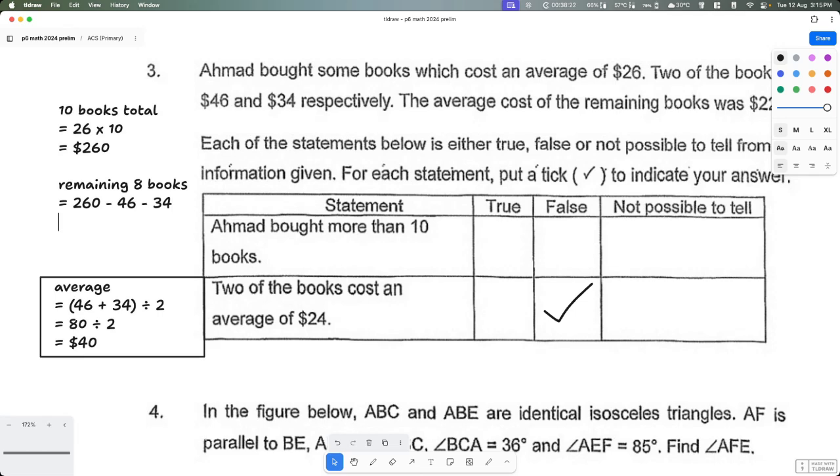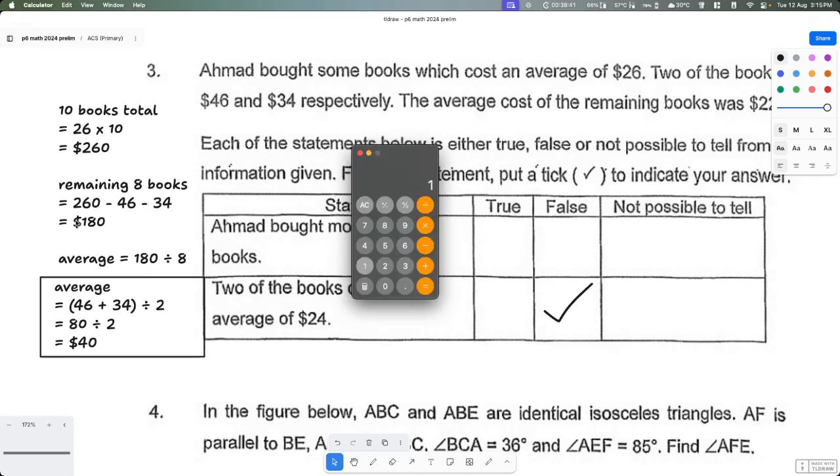We know 46 plus 34 is 80, so 260 minus 80 is $180. Pretty straightforward. Now we want to get the average, so we divide 180 by 8.